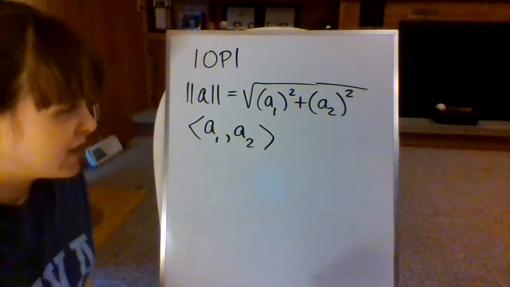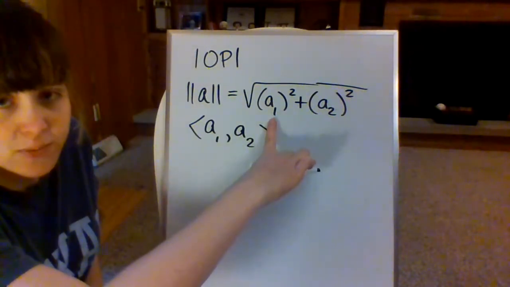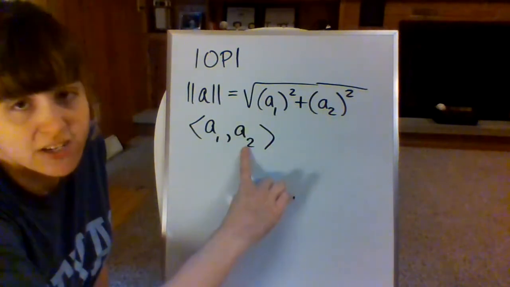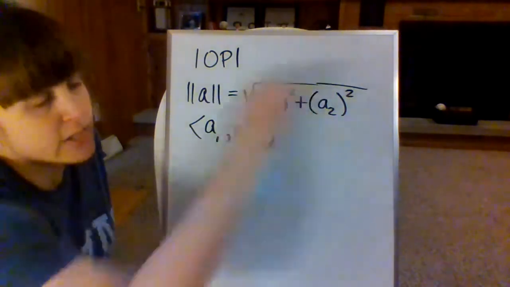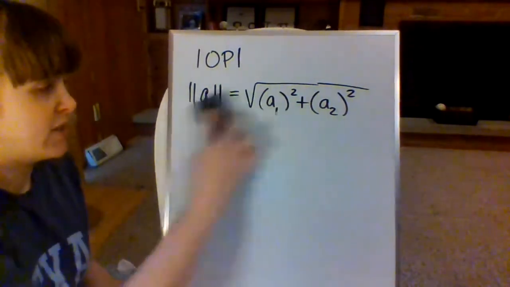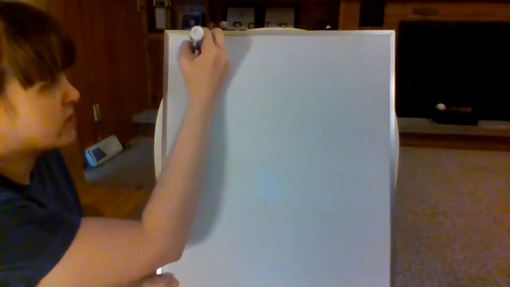Sorry. Alright, so that's how you find the magnitude of a vector. We're going to take each part, so A1 squared plus A2 squared, and then you find the square root. Alright, so here we go. Alright, we're finding the magnitude of all these vectors.